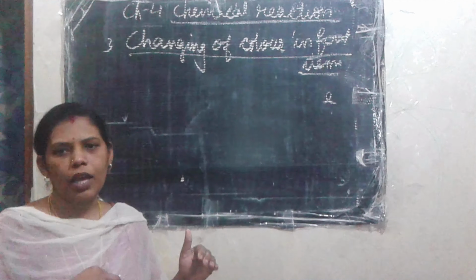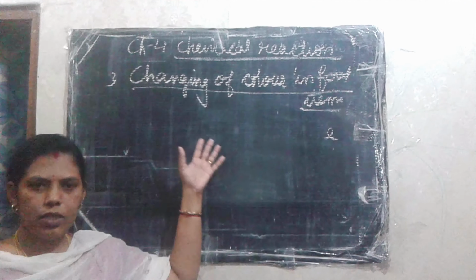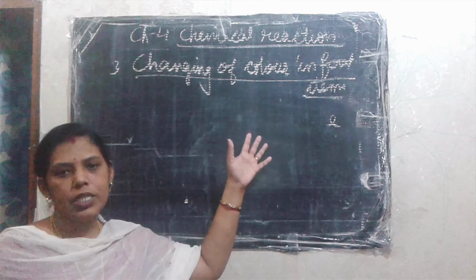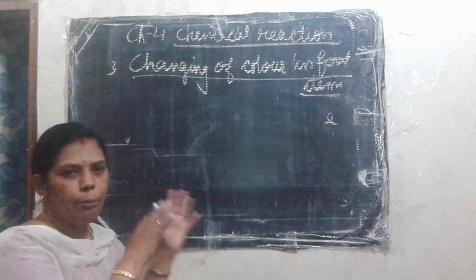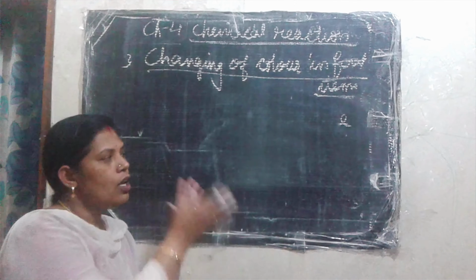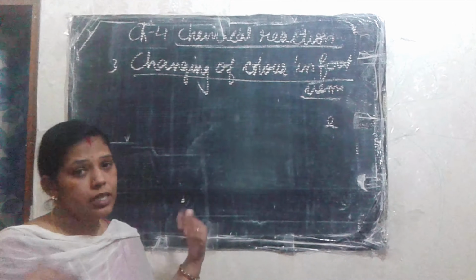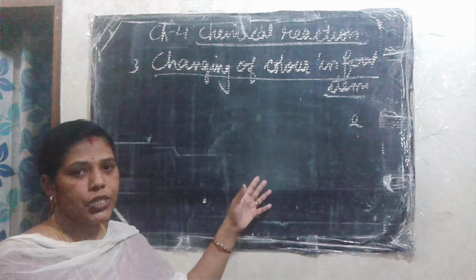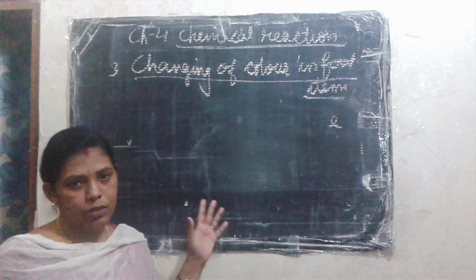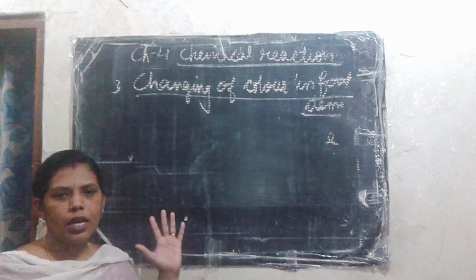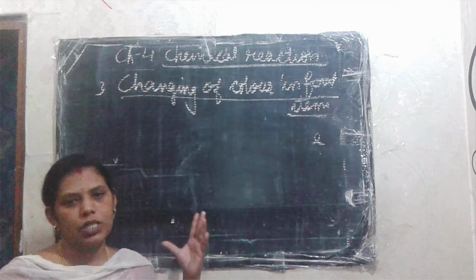That is because of the presence of iron and oxygen in the air. The iron reacts with the oxygen in the air forming the brownish color. That is also a permanent and irreversible change. It will not come back to the original color.